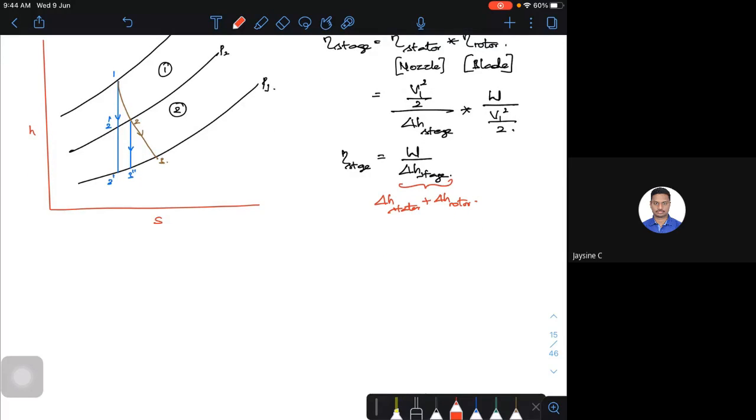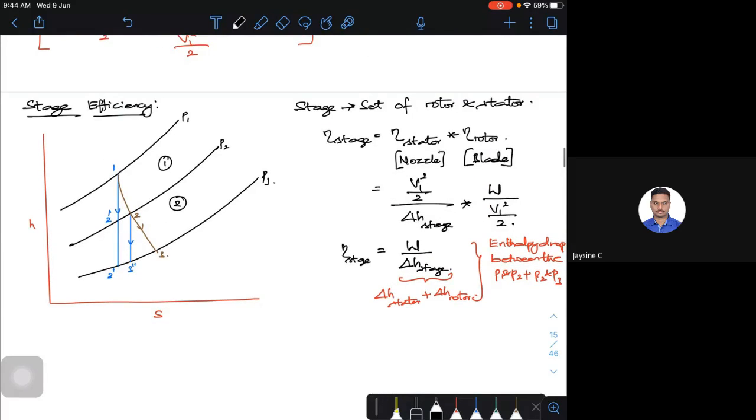This is the enthalpy drop between the pressures P1 and P2 plus P2 and P3. So I should be able to get three values and calculate it. Is that clear? So this is your stage efficiency.